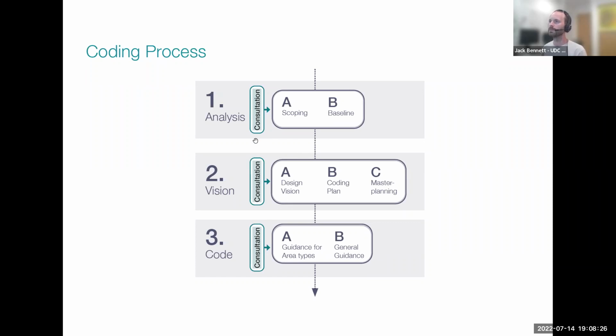You'll notice as well, each of these stages has consultation, with the aim being that local people through various means, community stakeholder forum, etc., can be involved in shaping and contributing to these stages.